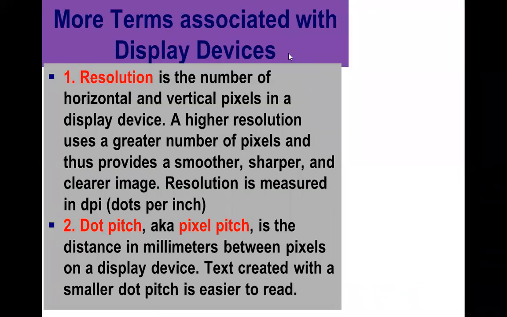Okay, after looking at these display devices, we have terms associated with display devices. With display devices, we have different terminologies that are being used. For example, we have what we call the resolution. This is the number of horizontal and vertical pixels in a display device.